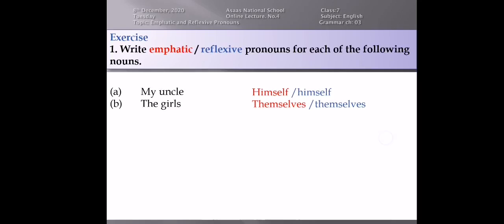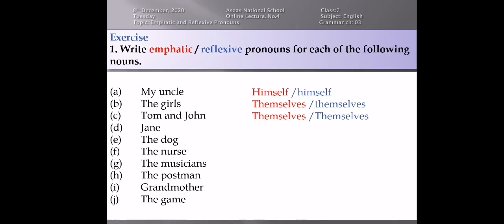Tom and John. Now they become plural, so which pronoun will you use for them? They. So according to they, you'll be using themselves, the reflexive or emphatic pronoun. Now check which pronoun you will use for Jane.